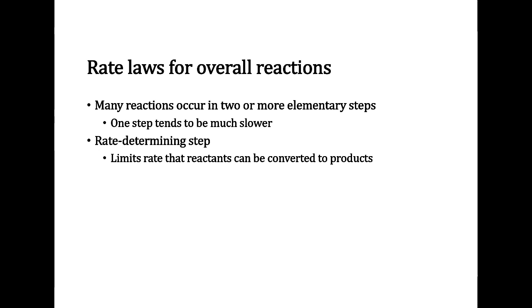If you think about a track meet with a 4x400 team, your time is always going to be determined by the slowest person. They are going to limit how fast you run that race. Just like in track, in chemistry you always have a rate determining step. And this will limit how fast the reactants can be converted to products.